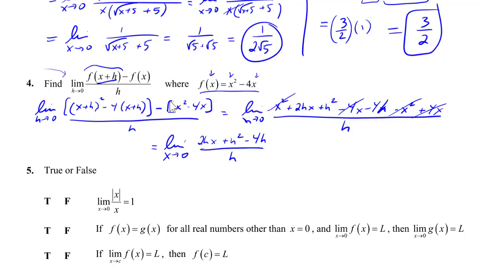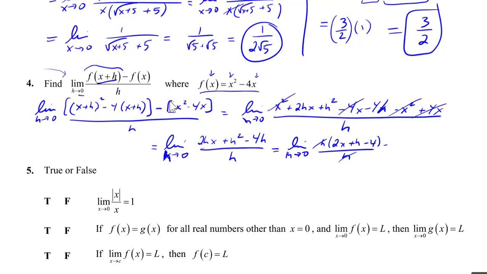I was looking for something causing a 0 over 0, because I skipped that step, but in the beginning I realized that if you put h equals 0 in, you would get 0 over 0. Notice I have a common h factor on top. So that's h times 2x plus h minus 4, over h.